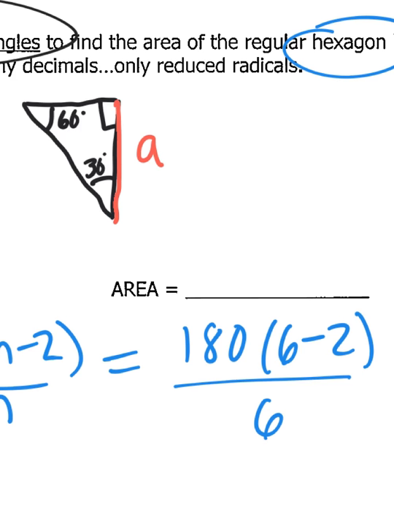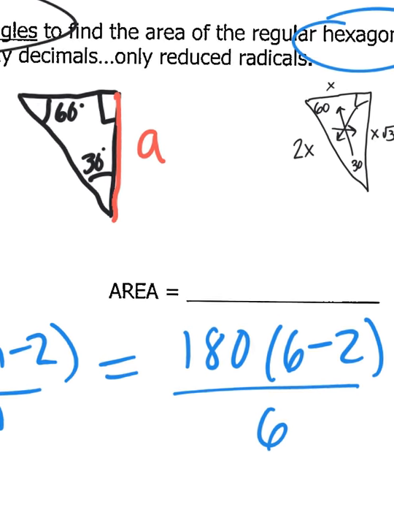The formula for special right triangles goes like this. The number across from the 30 degrees is always x. The number across from the 60 degrees is x root 3. And the number across from the 90 degrees is 2x.